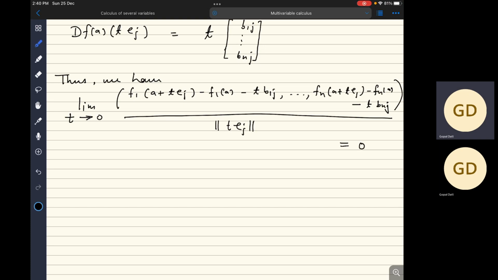So let me write this as, this is same as limit t goes to 0 of f(a + tej) minus f(a) minus tbj, divided by norm tej. Norm tej is |t|. Okay, let me write it as norm tej, then we will do this.